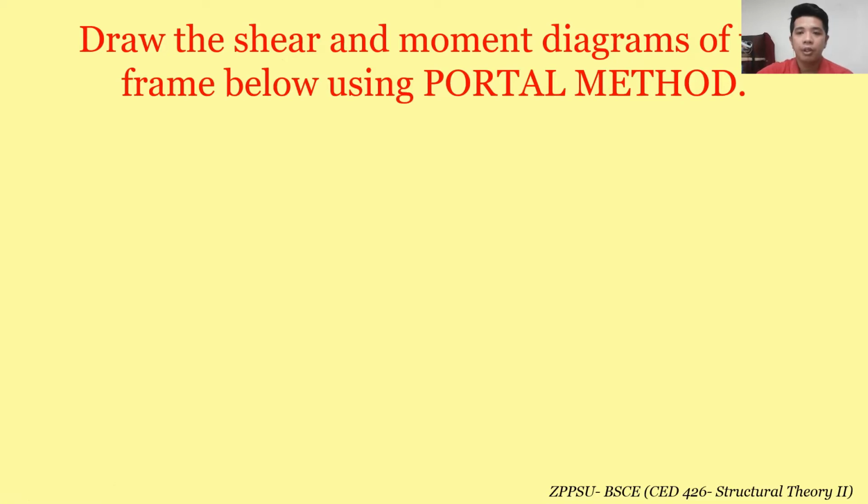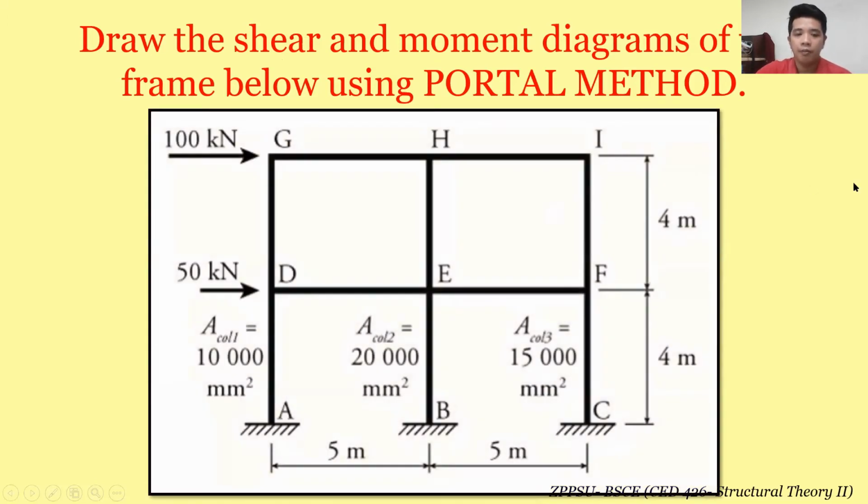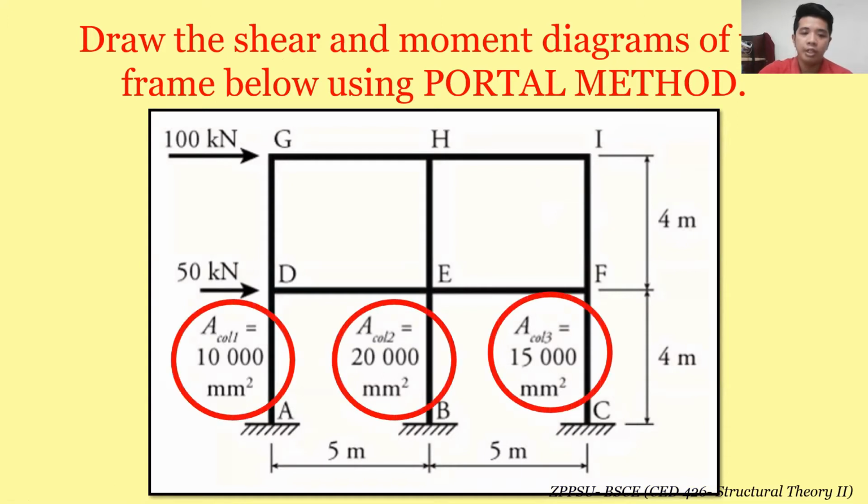So ito yung ating frame. So there are areas included. So may area tayo ng column na to, which is 10,000 square millimeters. So this is the first exterior column with an area of 10,000 square millimeters.